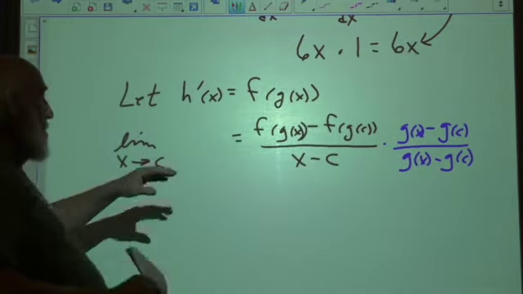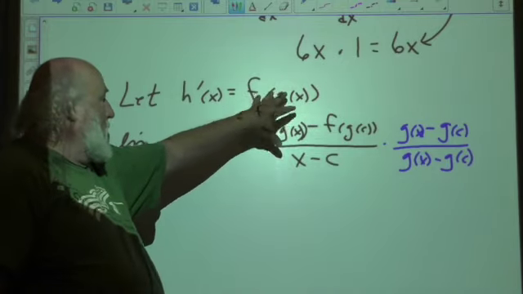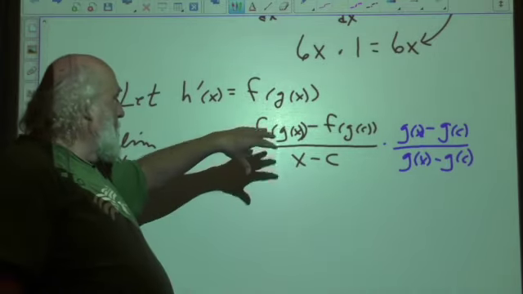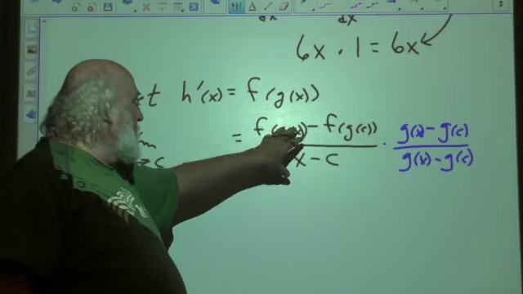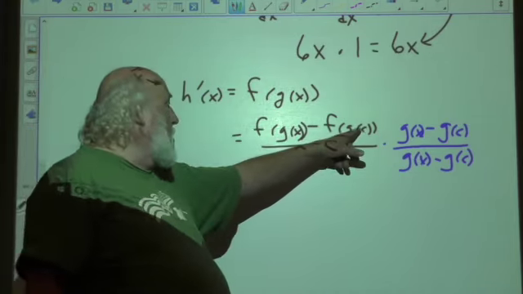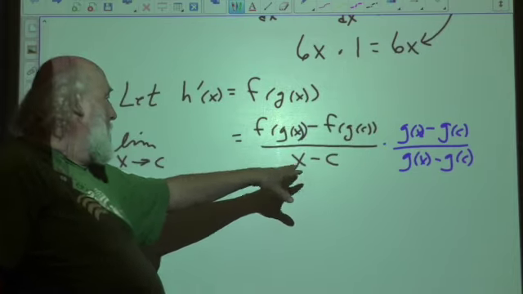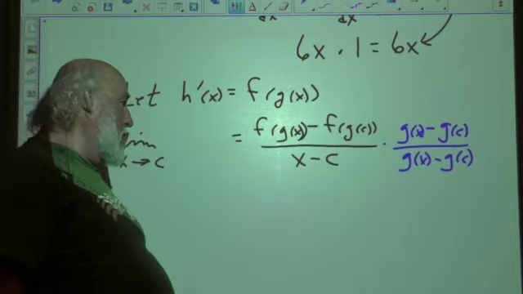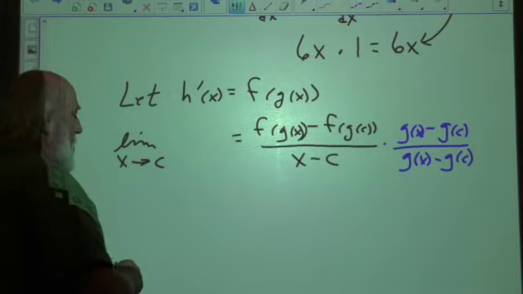So if this is the function here, then g of x is y2, and f of g of x is y1. This is x2, this is x1. That's how we're defining it.